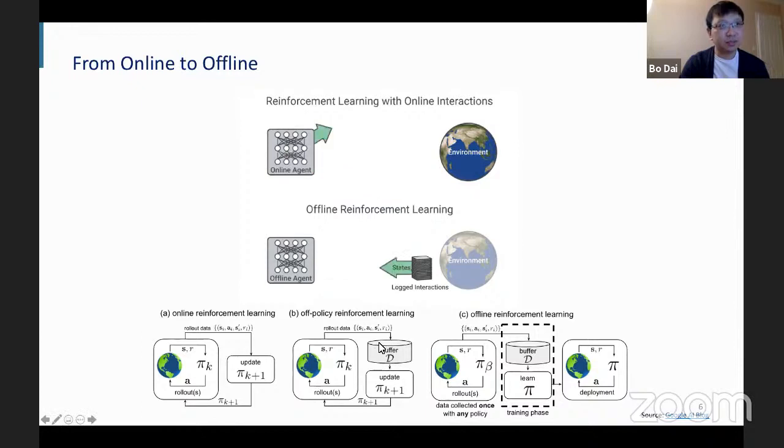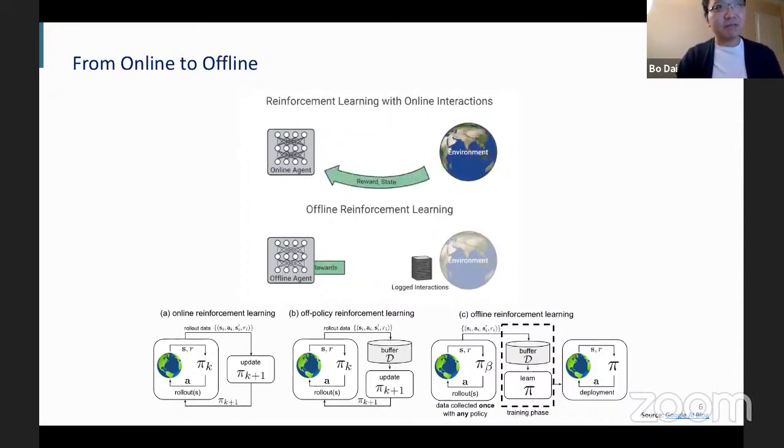The data collected in this pool may not be collected just by the current policy; it can be data collected, say, 1,000 steps previously. So this buffer does not only include data collected by the current policy. It can also save data collected by, say, pi 0, pi 1, and so on.